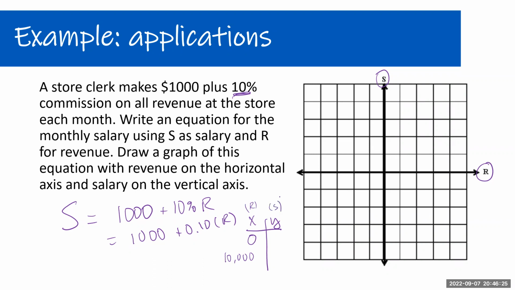So if X or R is 0, then we're going to plug 0 in right here and we're going to get simply 1,000. But if it's 10,000, then we're going to get 1,000 plus 10% of 10,000. 10% of 10,000 is going to be 1,000. So we'll have 1,000 plus 1,000, so she's going to make 2,000 in this case.